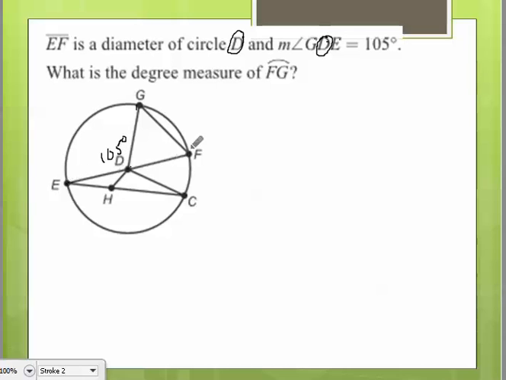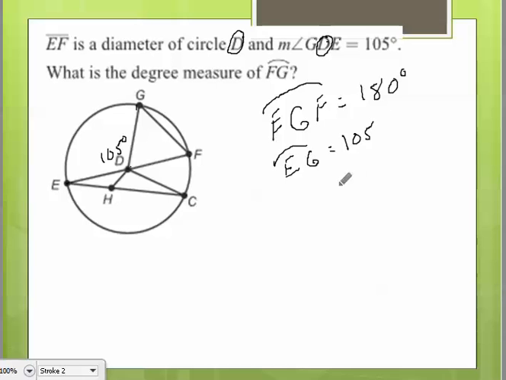Well, since EF goes all the way across, arc EGF is going to be equal to 180 degrees. Okay? But arc EG is only going to be equal to 105 degrees. Where did I get that 105?